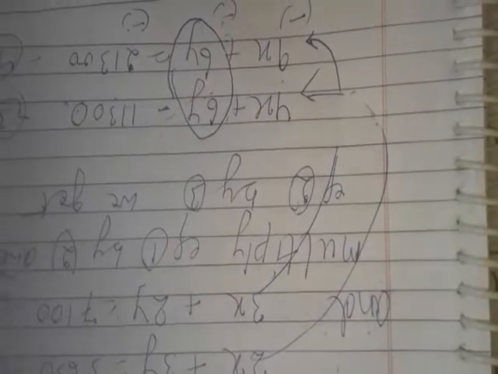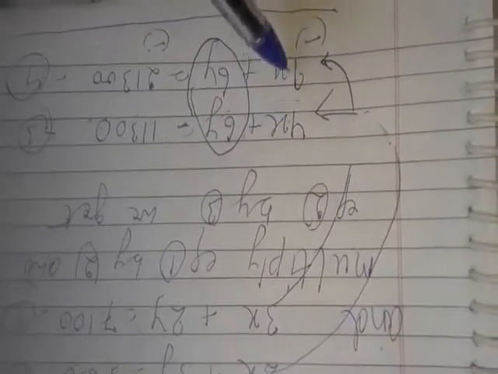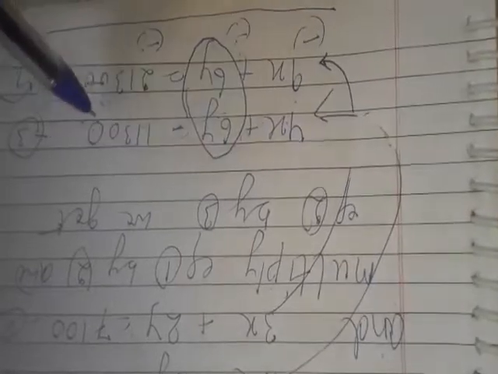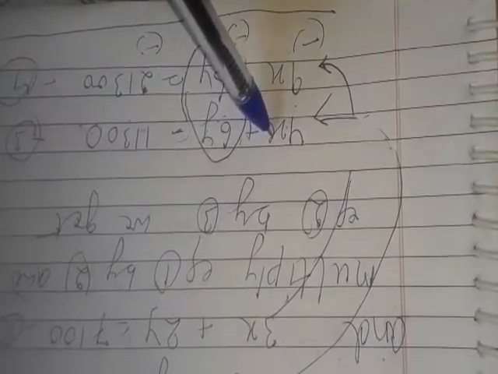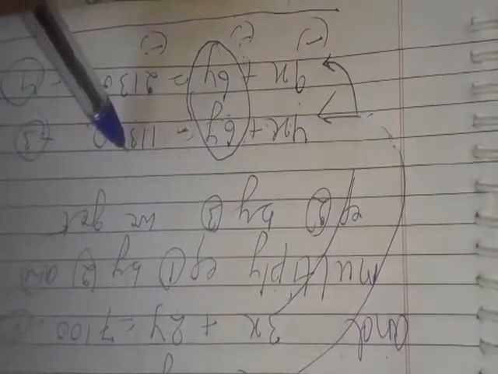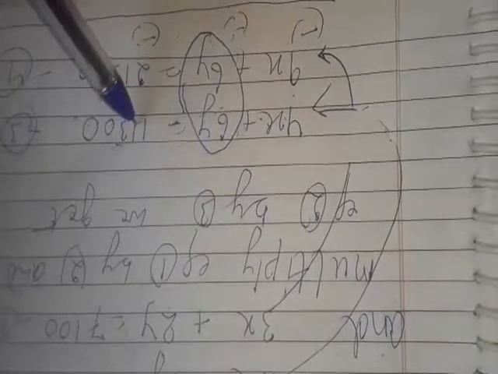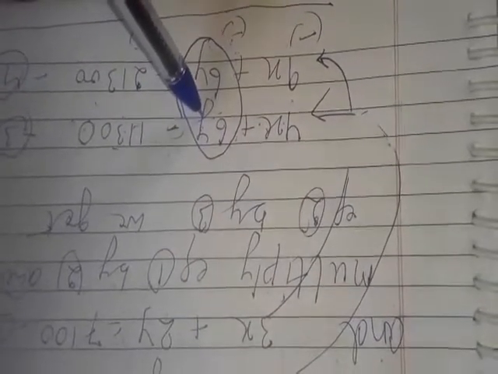When variable y is eliminated, only one variable x will be left and its value will be there. Then we will substitute the value of variable x in any of the equations to get the value of variable y.